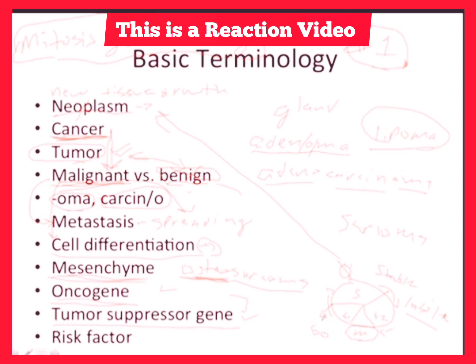The cell will try to repair itself, and if it can't, it'll terminate itself. If it's unable to do that and it continues to grow, that's when a neoplasm comes in. The reason I say this is that in many cases when you do biopsies and run a genetic test on these tumor cells, oftentimes these tumor suppressor genes are mutated.